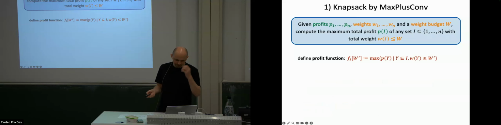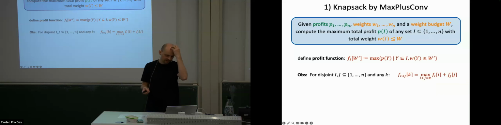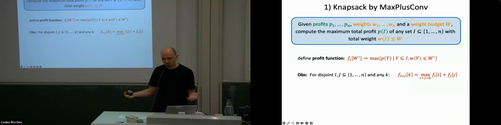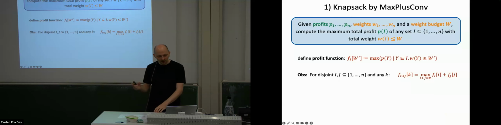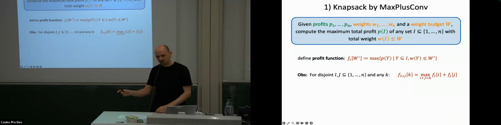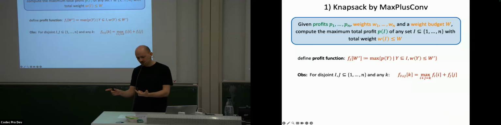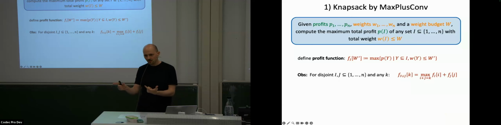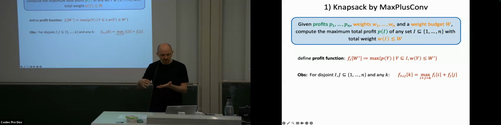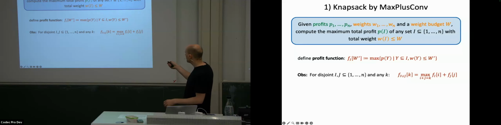All right. The profit function allows us to combine subproblems of knapsack. If I already have the profit function for some subset of items I, and I have the profit function for another subset of items J, I can combine these profit functions to the profit function of the union of I and J. And this combination operation is just this here.